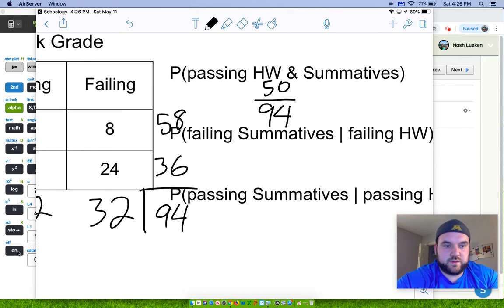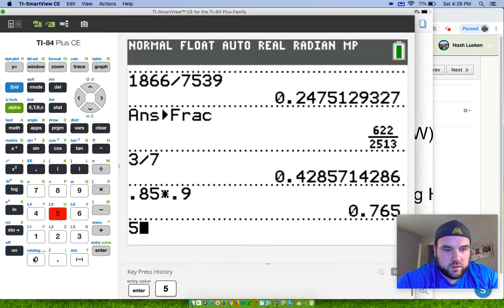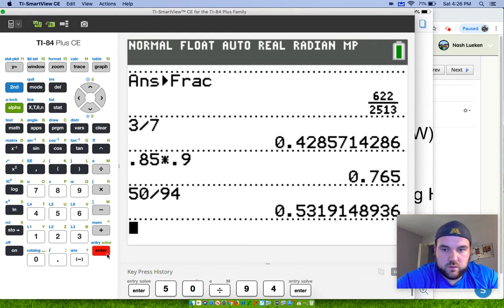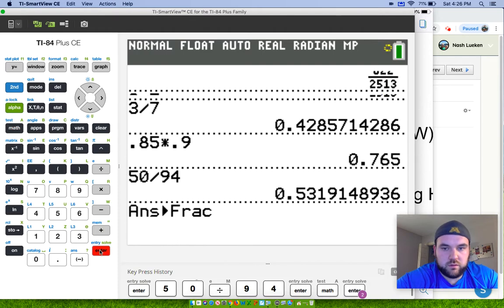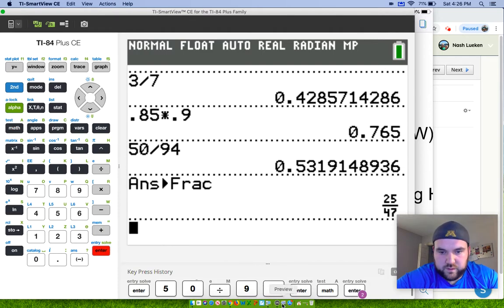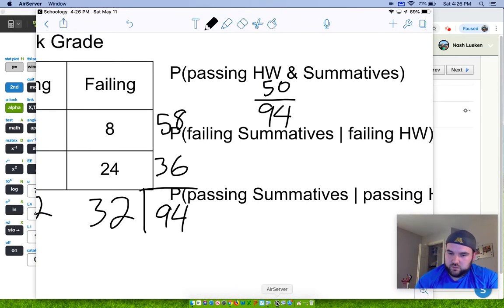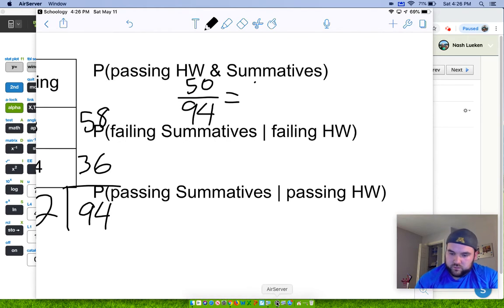That can be reduced, but I'm concerned with the 50 out of 94. 0.532, or 25 out of 47, or 0.532.